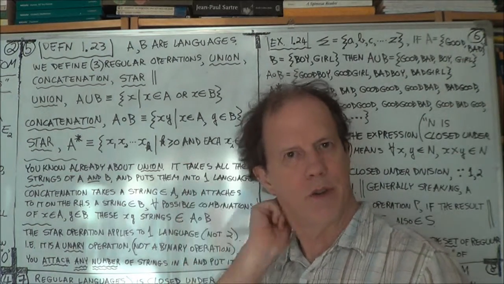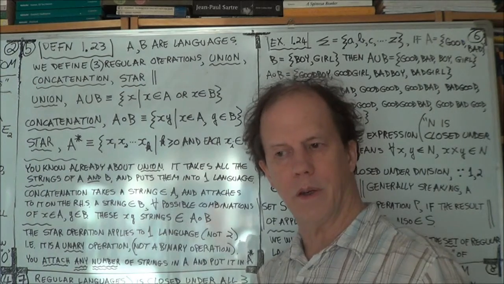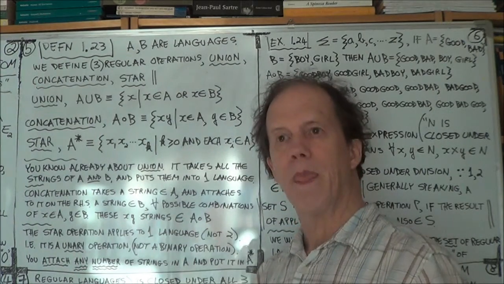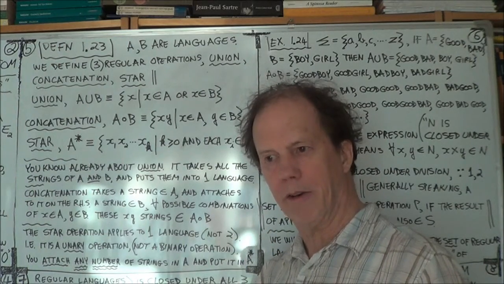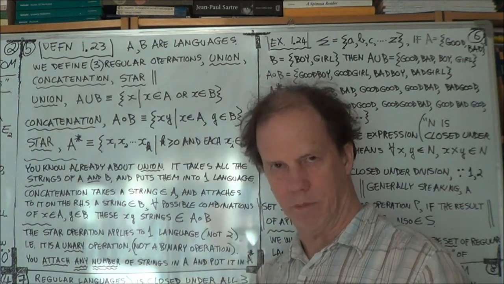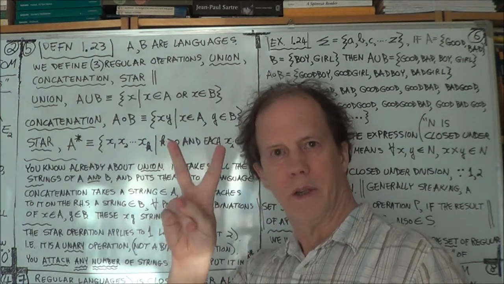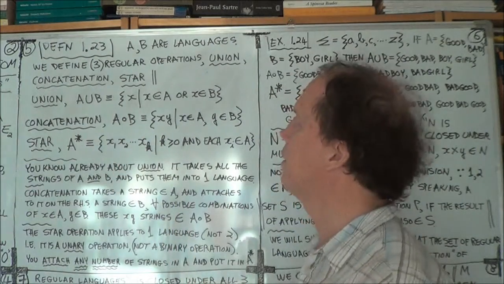Well, it depends if they're a unary or a binary operator. If they're a unary operator, they operate on one language. If they are a binary operator, they will operate on 2 languages. So we'll do both kinds here.